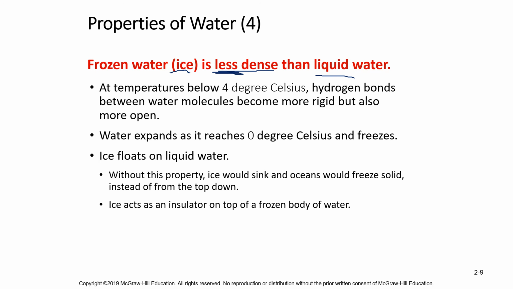That ice would sink and fill up, and the entire body of water would freeze. With the ice floating and freezing top down, that insulation keeps some of the pool or stream or pond liquid, so that organisms in the water can stay alive.